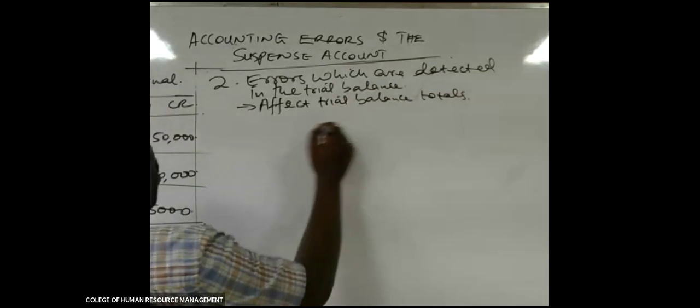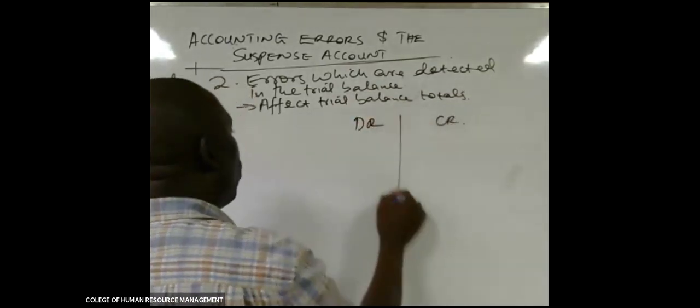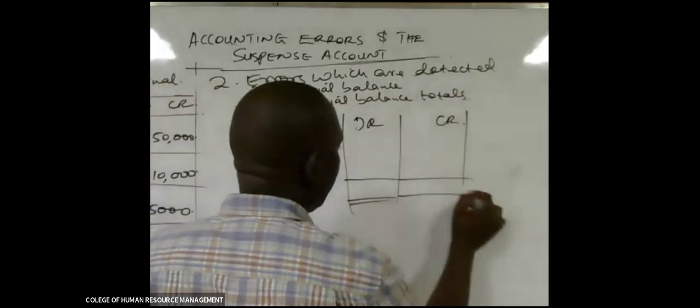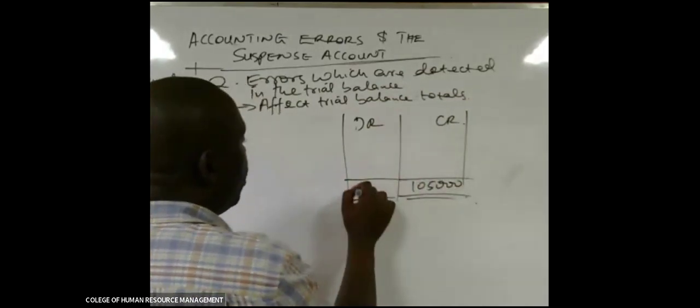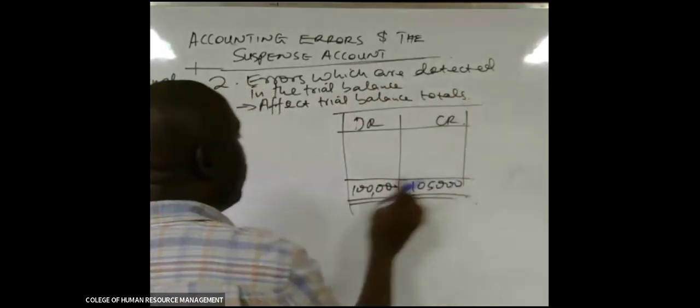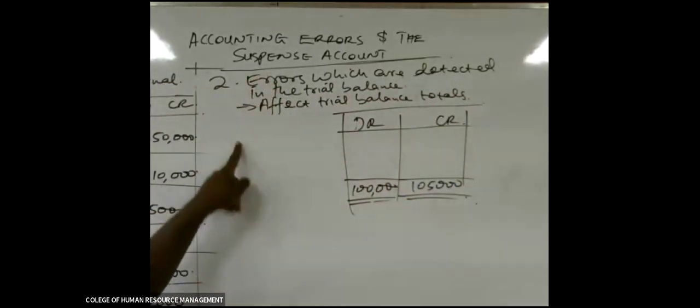You will find that your trial balance, the debit and the credit totals down there, will not be the same. Here maybe it is 105,000. Here you get 100,000. So the totals of the trial balance will not agree because of these errors.